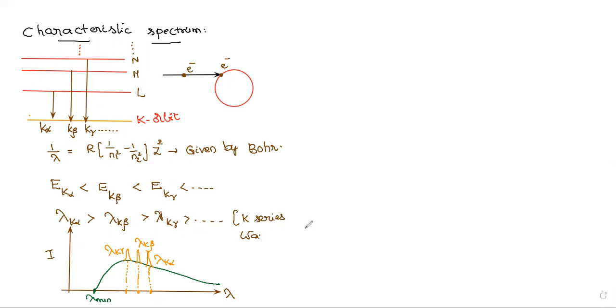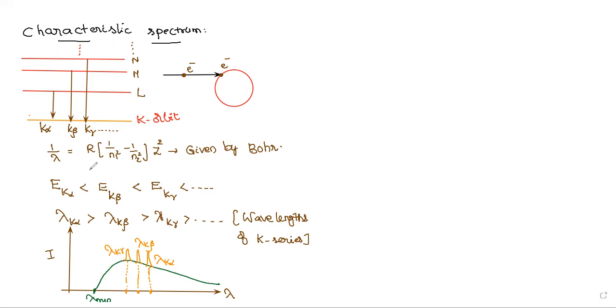Or simply, grammatically, better we write like this: these are all the wavelengths of K series in the characteristic spectrum. These are the wavelengths we got only when an electron is knocked out from the K orbit.